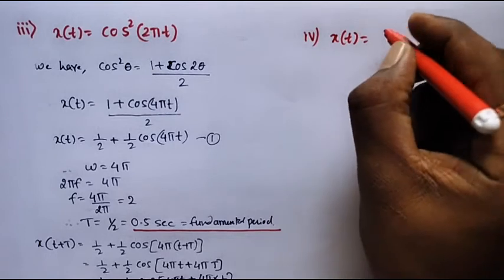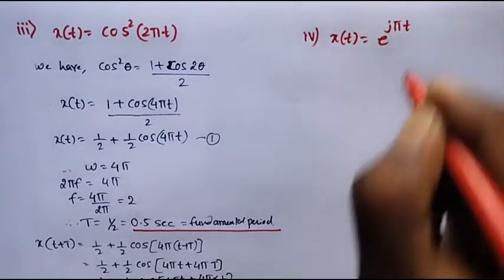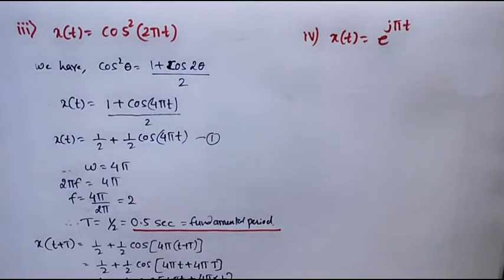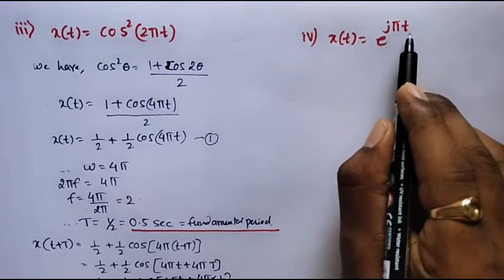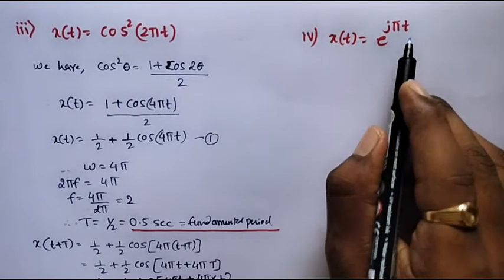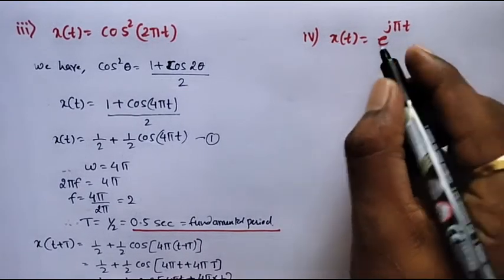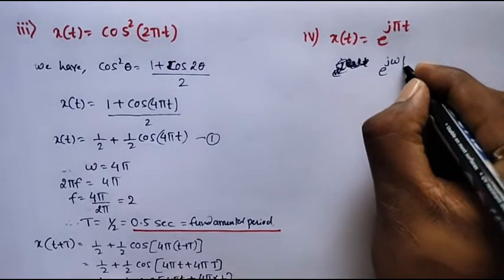x of t is equal to e power j pi t. We'll verify whether it is a periodic signal or aperiodic signal. Here, compare this with e power j omega t.